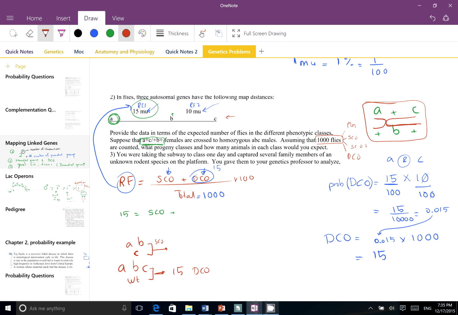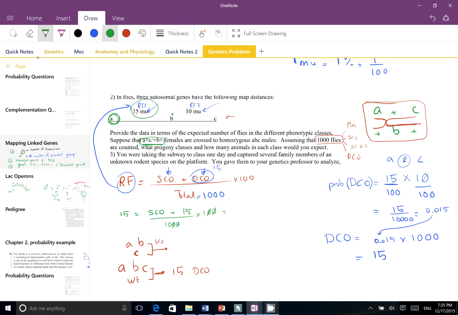So for this one, 15 equals a single crossover, which I don't know the number for, plus 15. I figured out that my double crossover is 15, remember, over 1,000 times 100. So those go away. 10 multiplied by 15 is 150 minus 15.